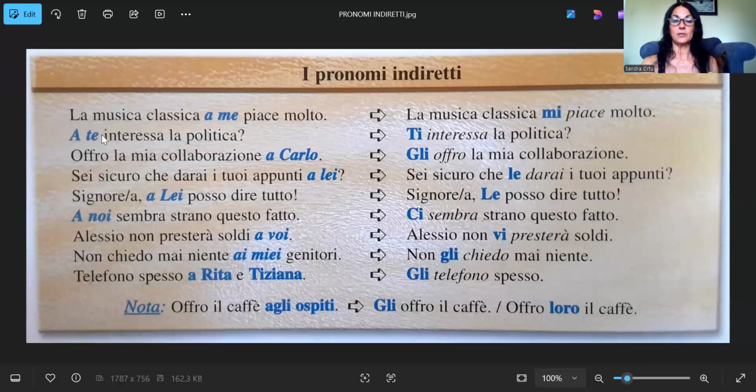So for each person, a te interessa la politica, a me no. A te interessa la politica, a me sì. So this would be, as I said, a group of people we are asking the same question to.